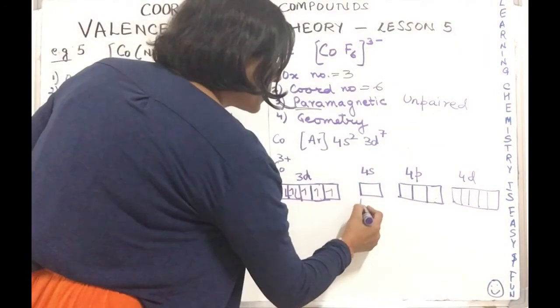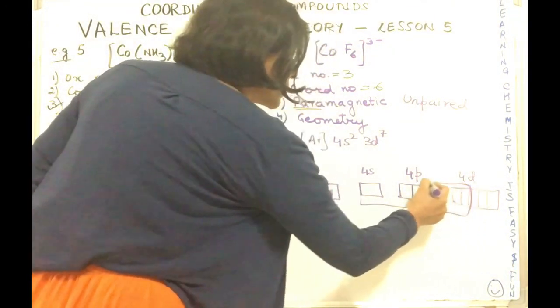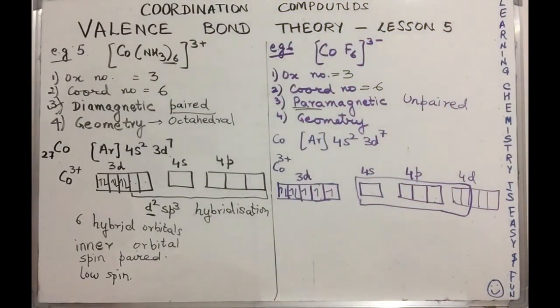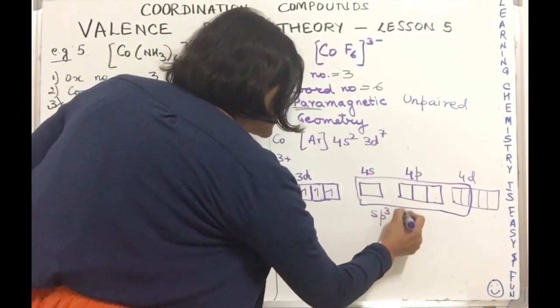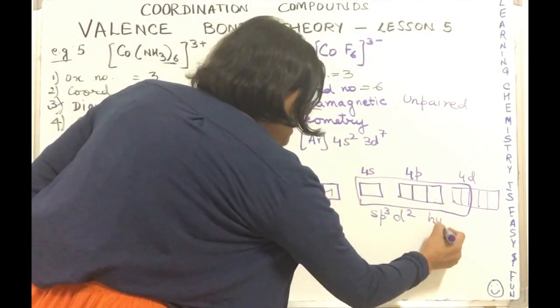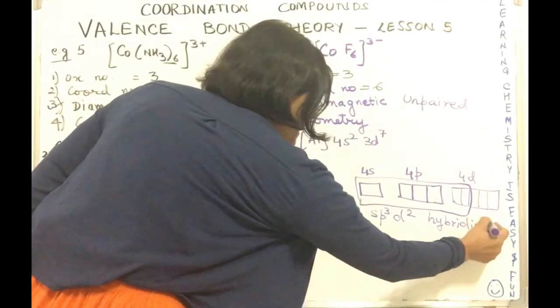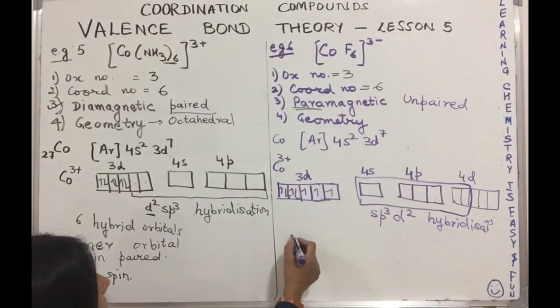So we have 1 and 3, 4 and 2. What type of hybridization is this? Very good. It is sp3d2 hybridization. Is it the same as D2sp3? No. What will you call it as? What type of complex is it?